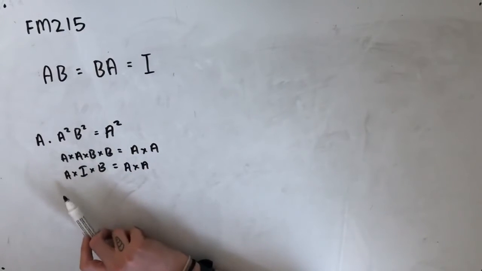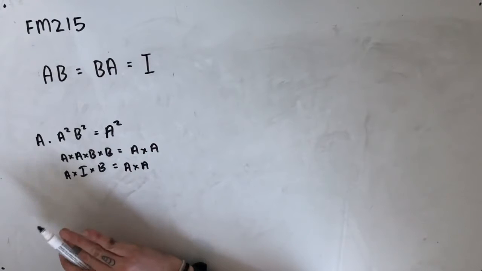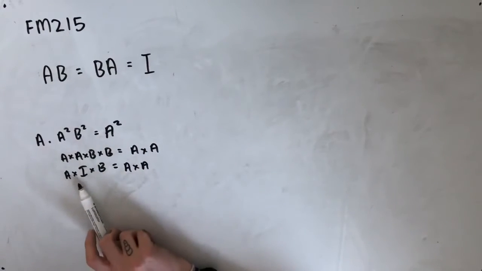And an identity matrix, as you should be becoming aware, is used to keep matrices the same as before.